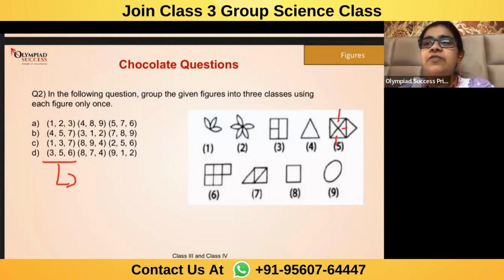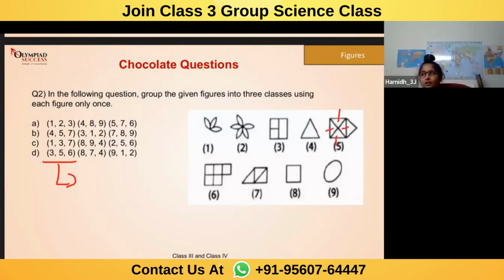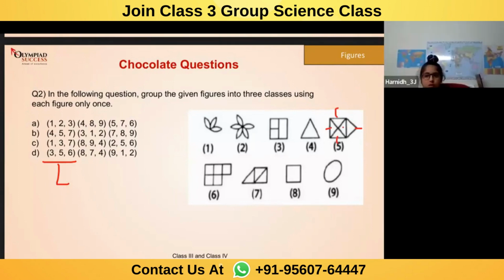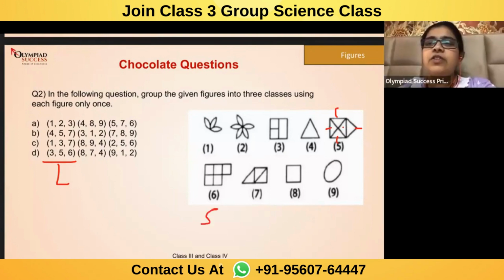Compartments. 1, 2, 3, 4. Triangles. There are 5 triangles. Count properly. 1, 2, 3, 4, 5. Okay. And then the next one, 6 has 5. So the 3, 5, 5.